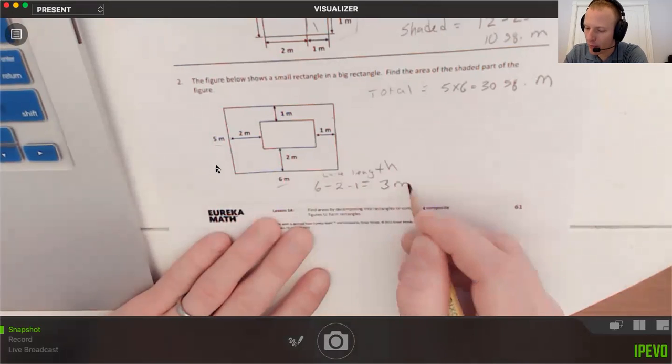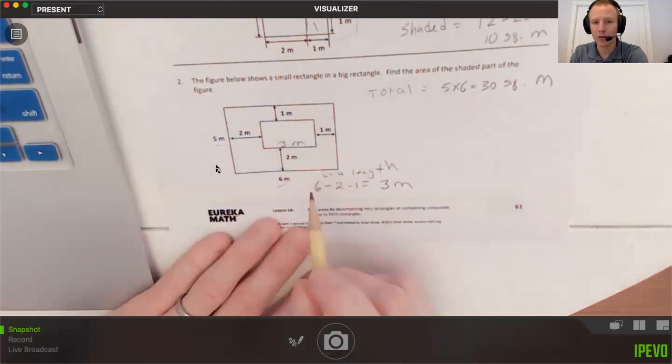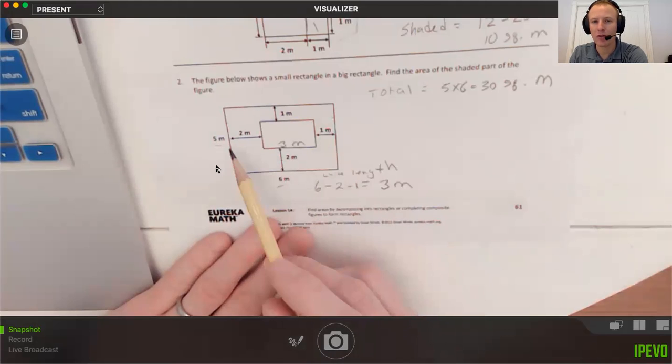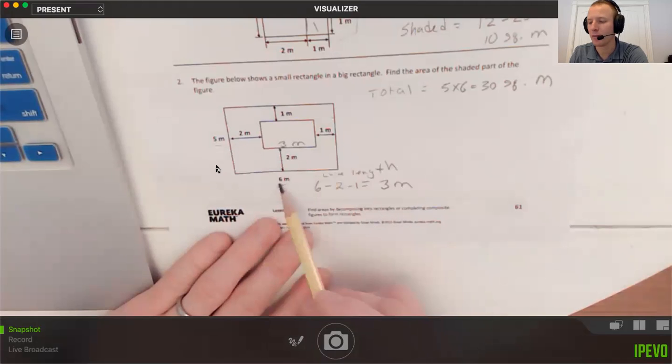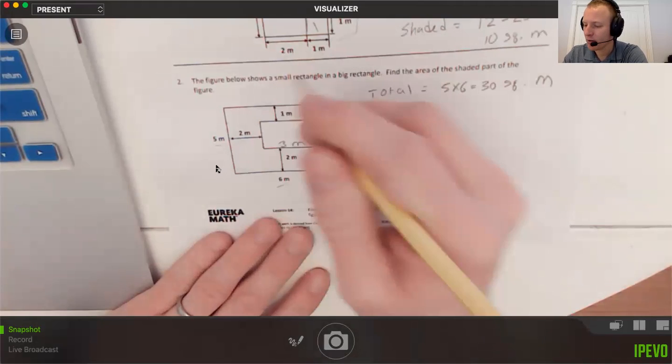So we know that this is 3 meters long, right? Because 2 plus 3 plus 1 equals 6. So whatever we put in here just has to make this true. When we add up all the other measurements we have, it has to add up to that total right there. Now, same thing for our height. We'll do that.